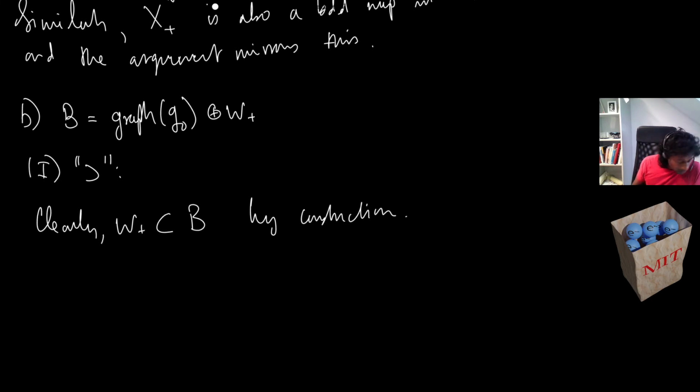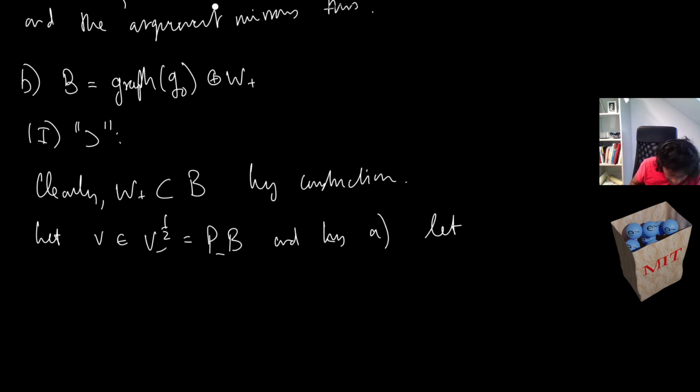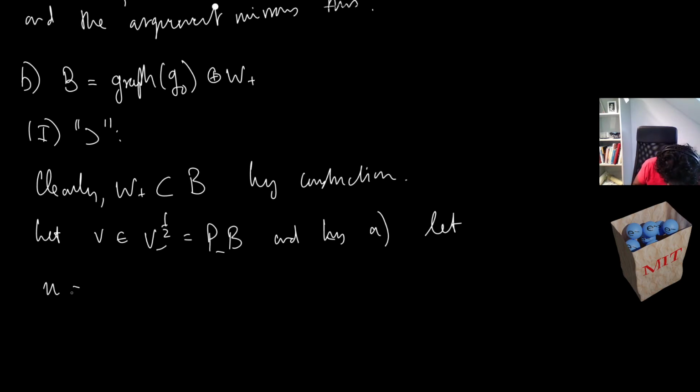Okay? So let V be in V minus a half, which is P minus B. And by A, we let U equal to chi minus inverse of V, which is now going to be in B intersect W plus perp, right?